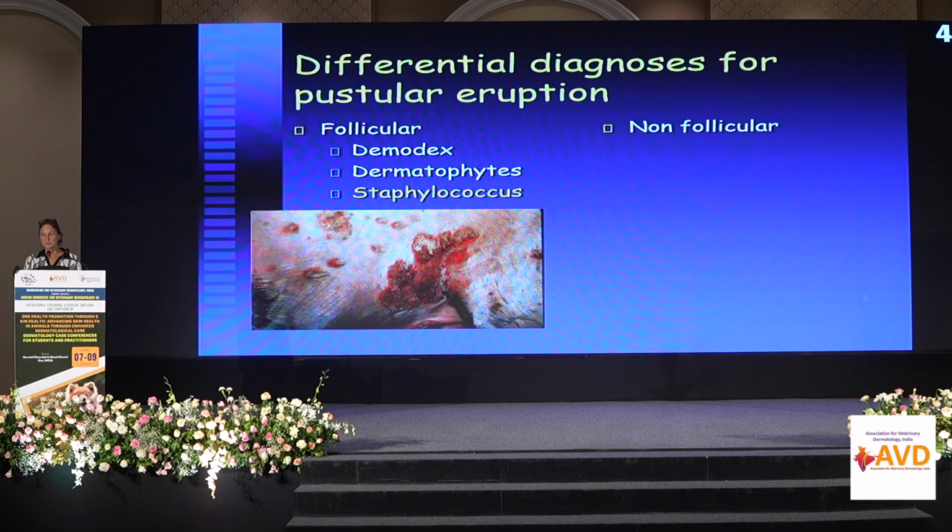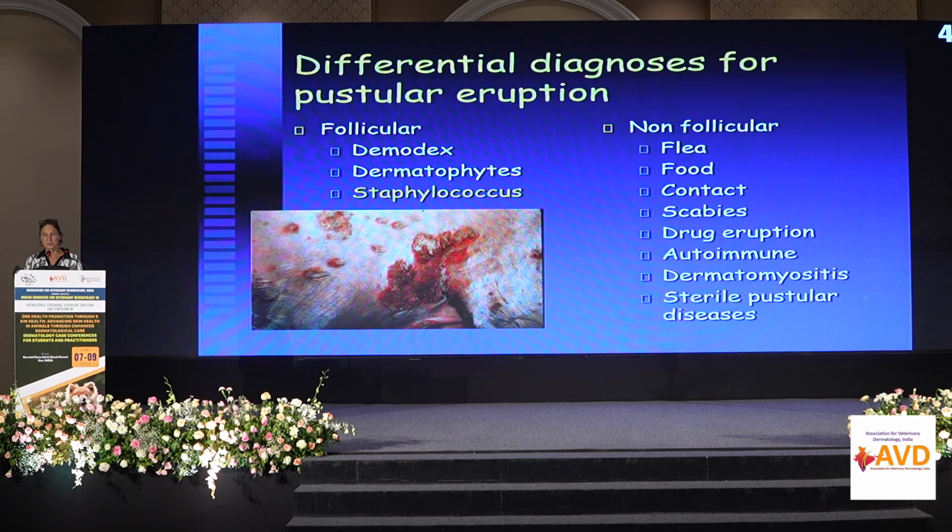And then causes for non-follicular pustules is basically everything else. So I put autoimmune as one important representative of that category, let's say pemphigus, but then it could be also contact, could be parasitic diseases, and things that basically have nothing to do with follicles, because the parasite will bite no matter where, but they will cause a papular and pustular eruption.